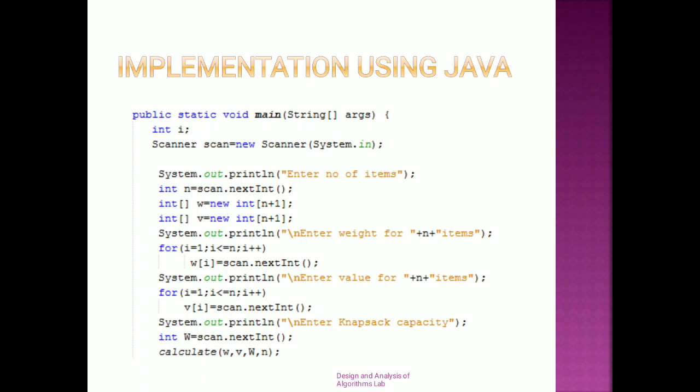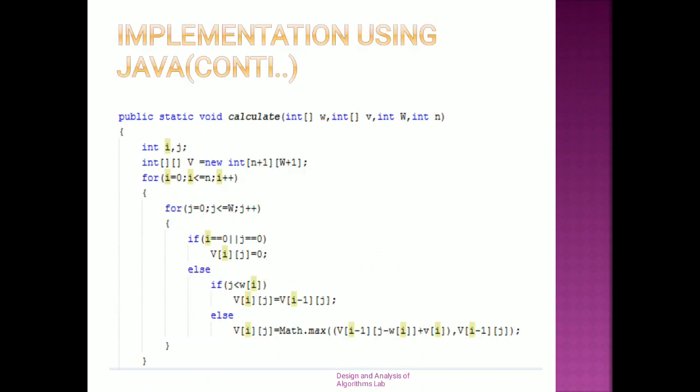We'll be using two arrays: w for storing the weight of the items, v for storing the value of the items, and the knapsack capacity is W. We'll be reading the value and storing it in W, and then we call the calculate function. For this we are passing the weight array, the value array, the total number of items n, as well as the knapsack capacity. This is the calculate function.